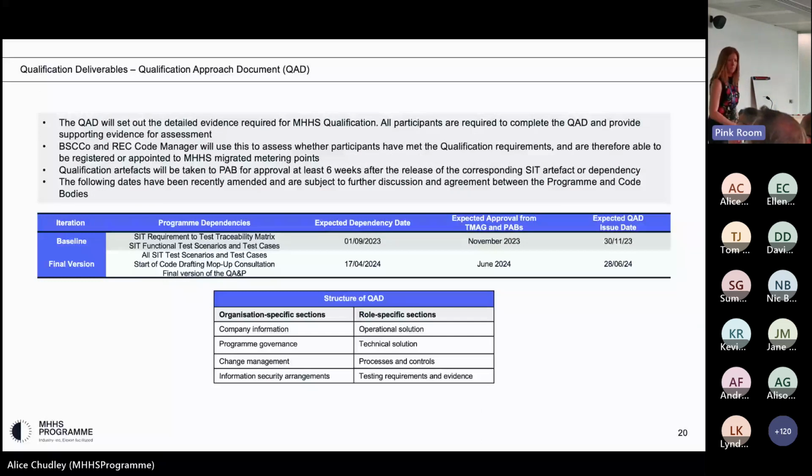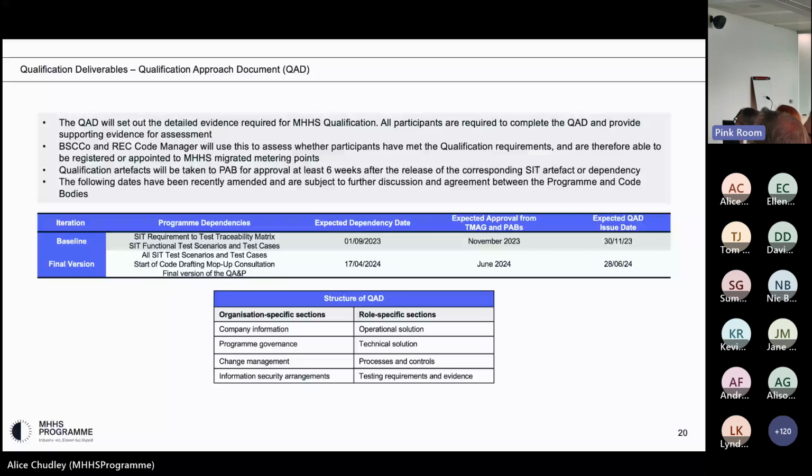Thank you, Hannah. So the qualification assessment document is the second artifact that the code bodies are jointly delivering. In this qualification assessment document is where you'll find all the requirements you need to complete in order to gain that qualification, the approval of the BSc PAB and the record manager.